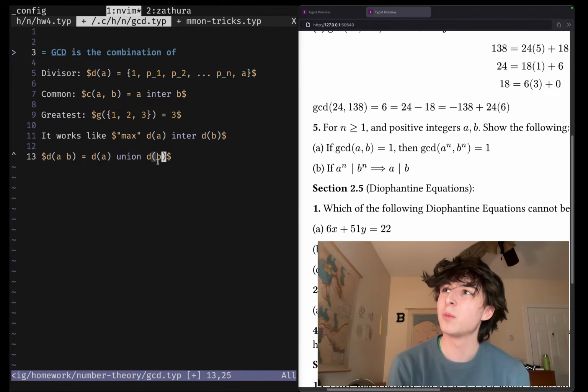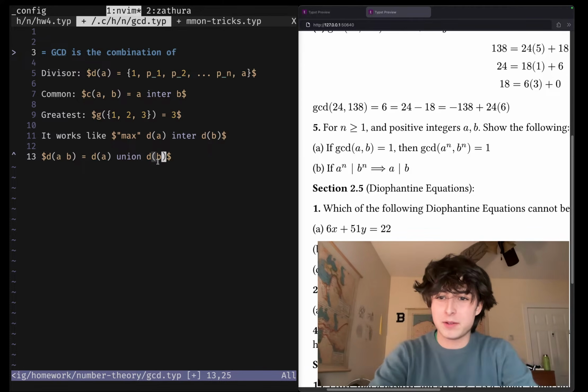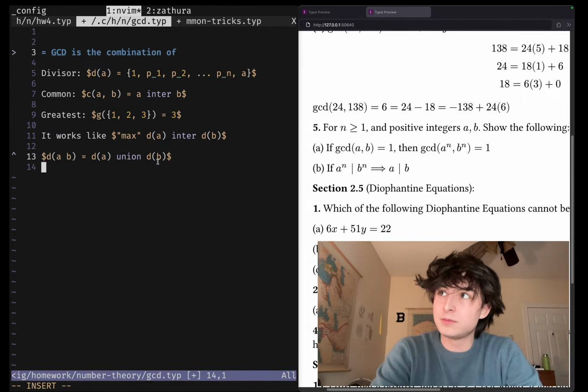But what's interesting is, say that a equals 3, b equals 2, for instance. So what we would get for divisors of a would be just 3 and 1.